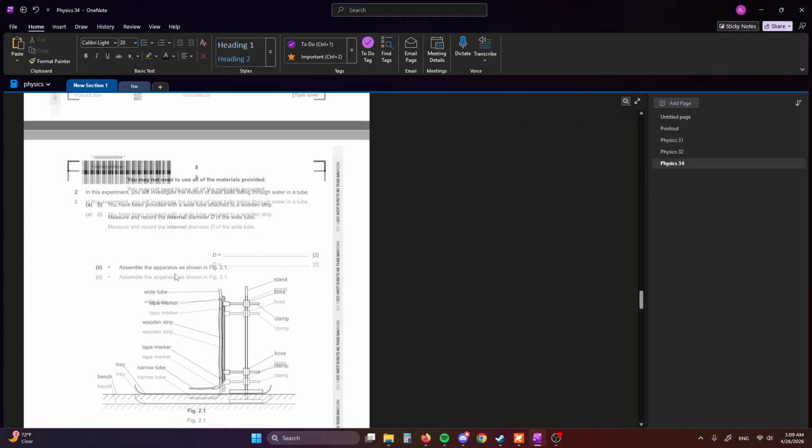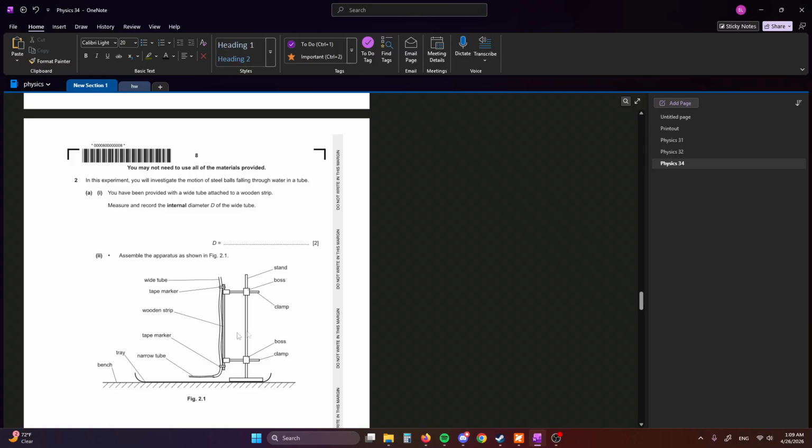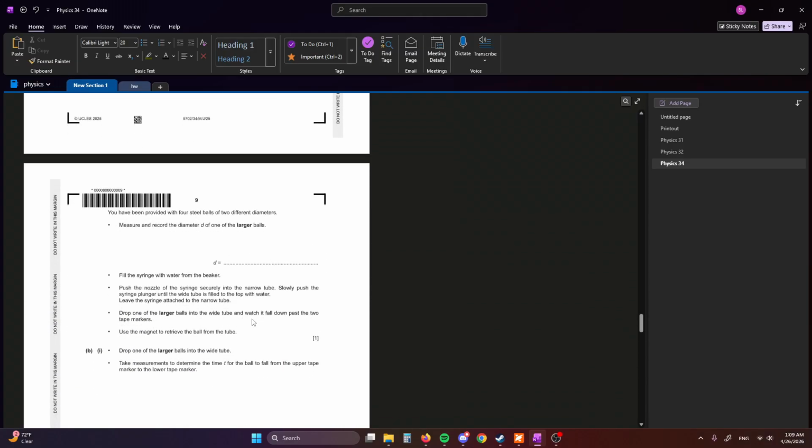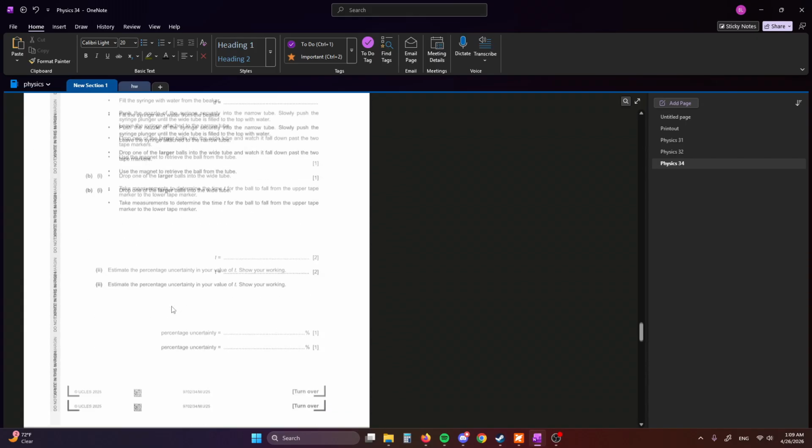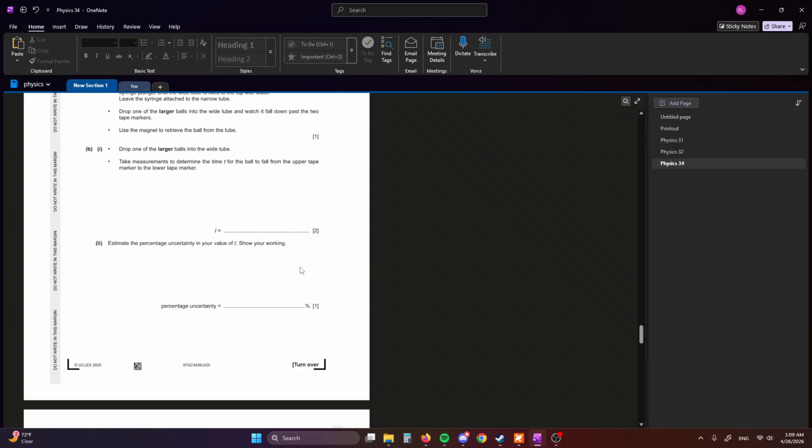So we have this Y2, a tape marker, a wooden strip, a narrow tube, a tray, a bench. Basically, we're taking the balls, according to diameter, filling the syringe with water, watching it fall down, using a magnet, dropping one of the larger balls, etc. Percentage uncertainty.